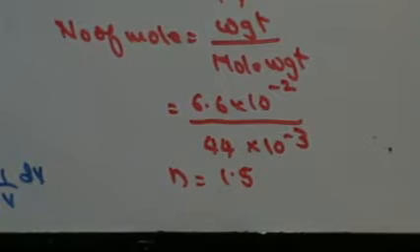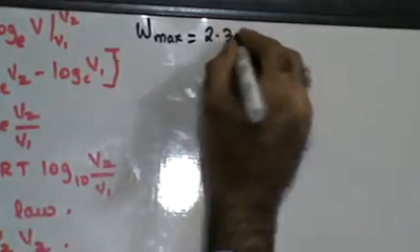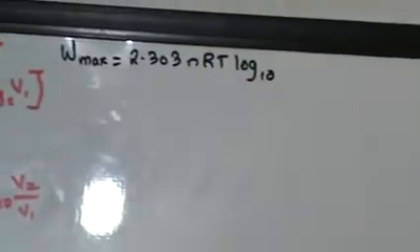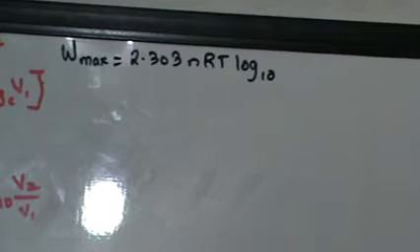Now, since the work is done isothermally and reversibly, the work done will be maximum work. Now, concept of maximum work, W max is 2.303 nRT log to the base 10 P1 upon P2. Now, let's substitute.